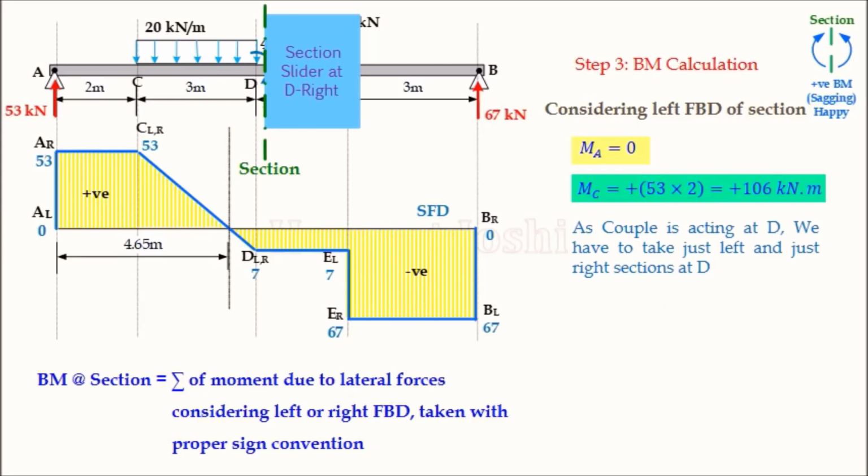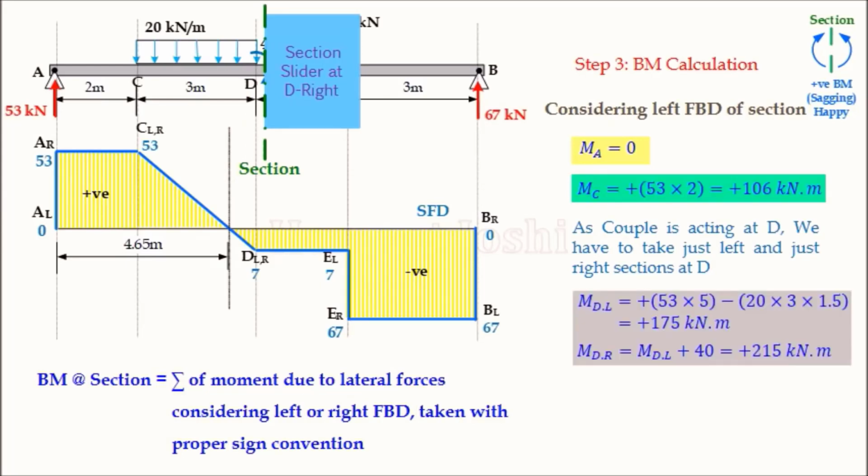Now just right we have to consider. Now as the same point is there, why should I again calculate every moment here? Not necessary. I will only consider what is new, because from D left to D right I have to go. At D we got a couple. So now D point is seen. So the couple I have to consider. So the couple is acting clockwise here.